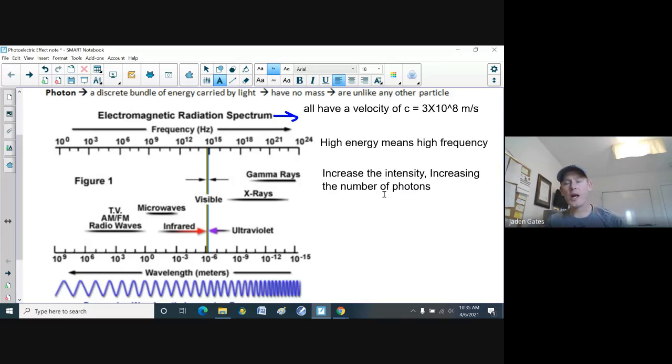So for visible light, if you increase the intensity, you turn the light up, it gets brighter. It means you have more photons. But visible light, even though it might be brighter, is still the same frequency. It's still a 10 to the power of 15 kind of frequency. So just making it brighter just means you have more photons, but the frequency is still the same.